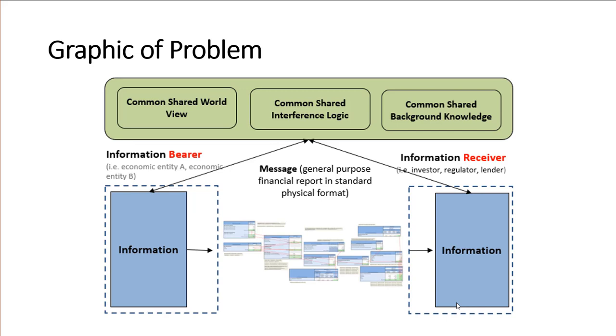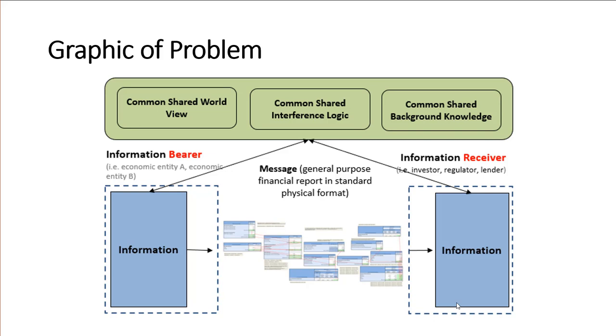So here is basically a summary of the problem. You have an information bearer, a company. You have an information receiver, an investor, a regulator. There can be more than one information bearer and more than one information receiver. And you have to send a message from the bearer to the receiver.